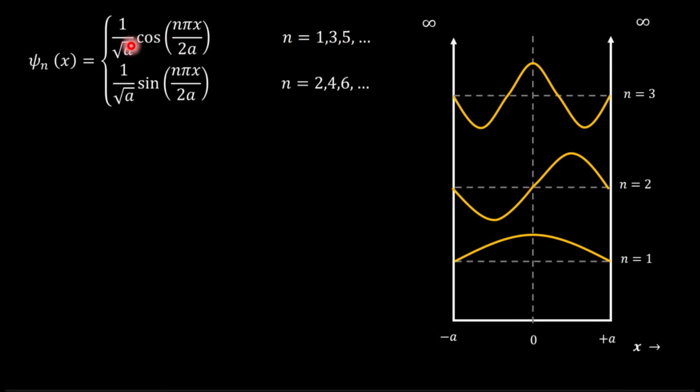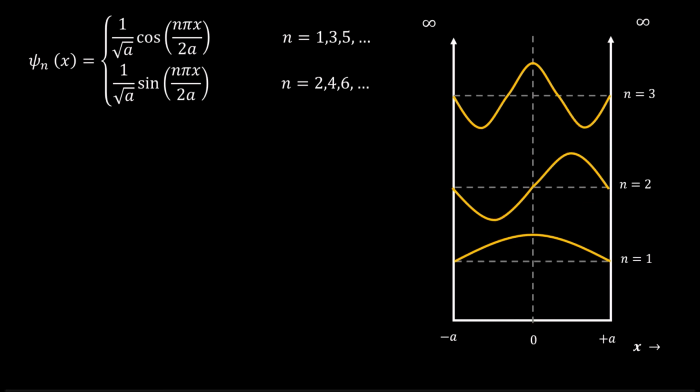For odd integers, it has a cosine nature, and for even integers, it has a sine function form. So plotting these functions, we get curves like these.